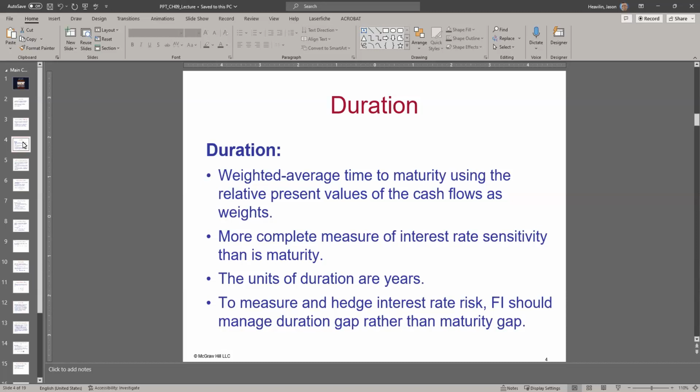Duration. Duration is a term that we use for a calculation that we do to check the sensitivity of the price of a bond, for example, to interest rate changes.